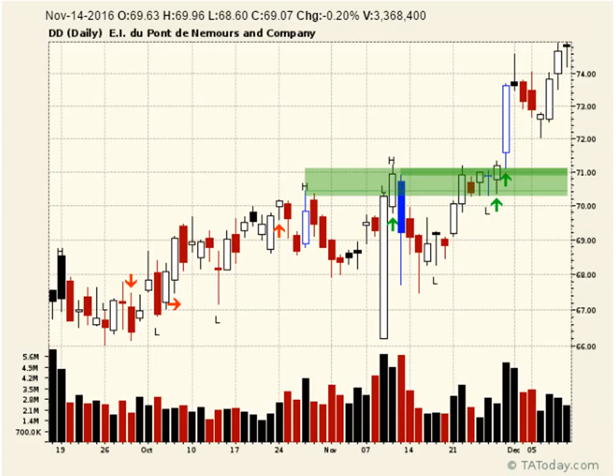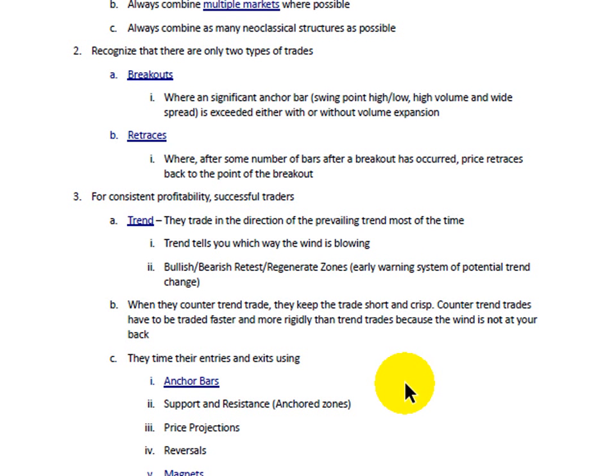We're examining the tape, the process of testing that takes place on that tape, and using that to decide what our probabilities are for continuance or for a failure in a reversal. So there's only 2 types of trades. There's either breakouts, that's this, that's the breakout, or once you've broken out, it's the retest. Everything else is a derivative of those 2 types.